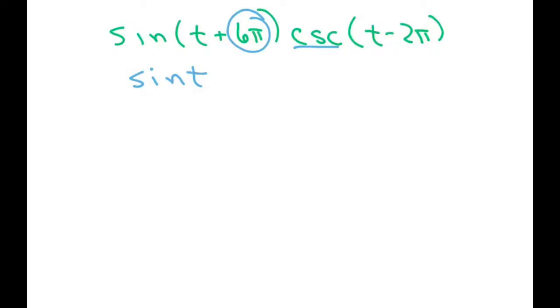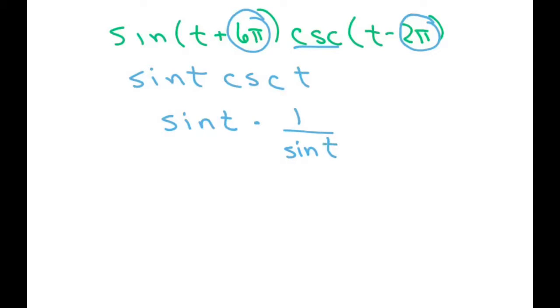Same with cosecant, the period is 2 pi, and I can write that as cosecant of t. And this is just going to be sine of t times 1 over sine of t. And when you multiply that across, you get sine over sine, which equals 1.